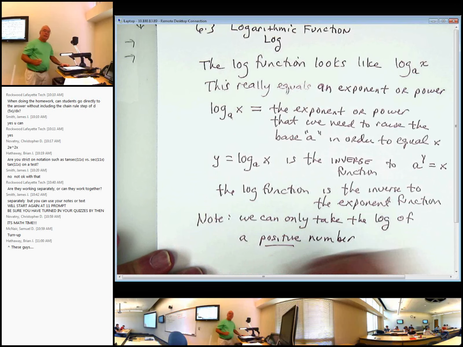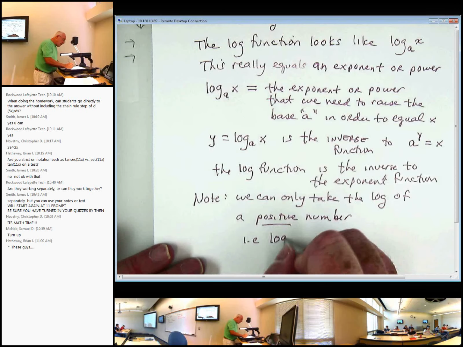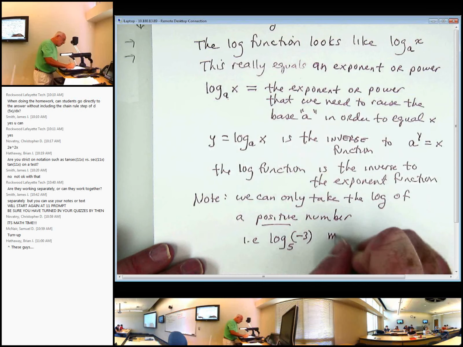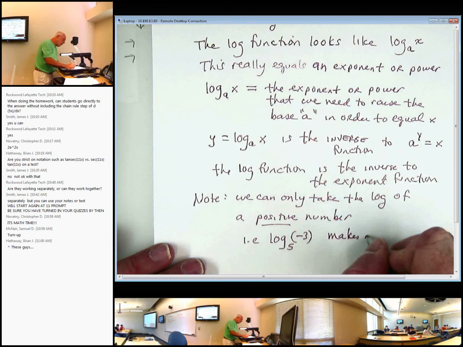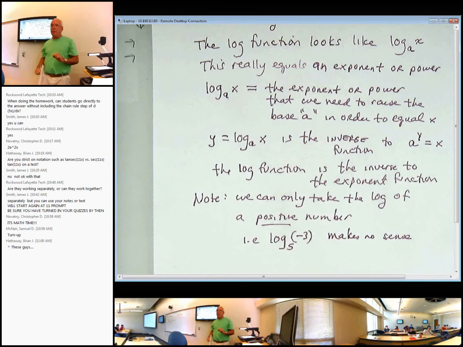I.e., let's say, the log base 5 of negative 3 makes no sense. We cannot take the log of something negative.